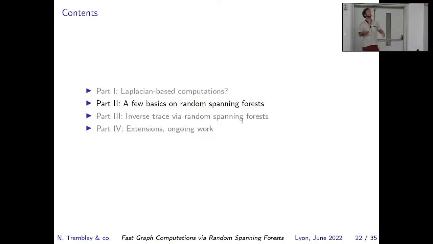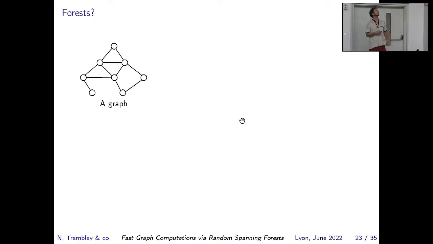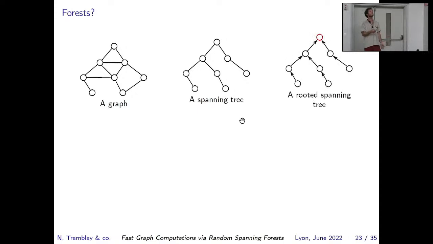So before I go into part 3, I need to give you a few basics on random spanning forests, especially on notations, because we don't all have the same notations and I don't have the same one as Adrien. So let's go. What is a forest? I have a graph at the beginning, an underlying graph. The spanning tree, as I said before, is just a connected spanning set of edges that does not contain any cycle. I'm going to talk about rooted spanning trees, which is just a choice.